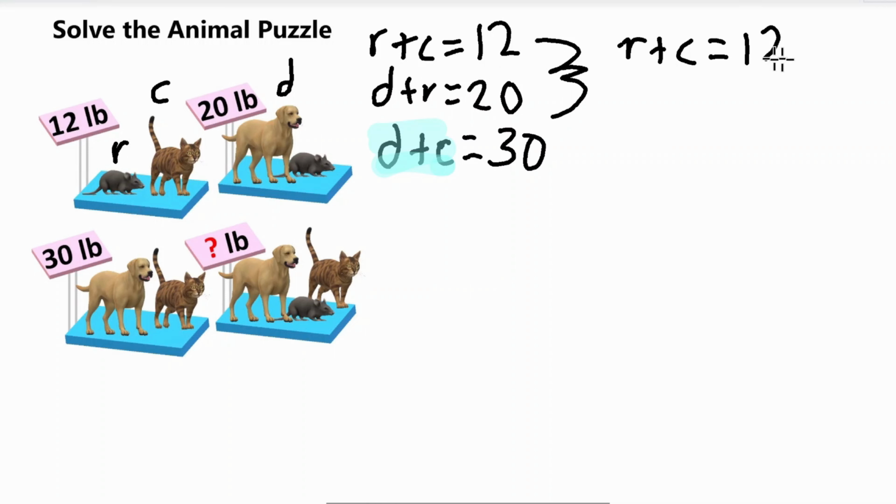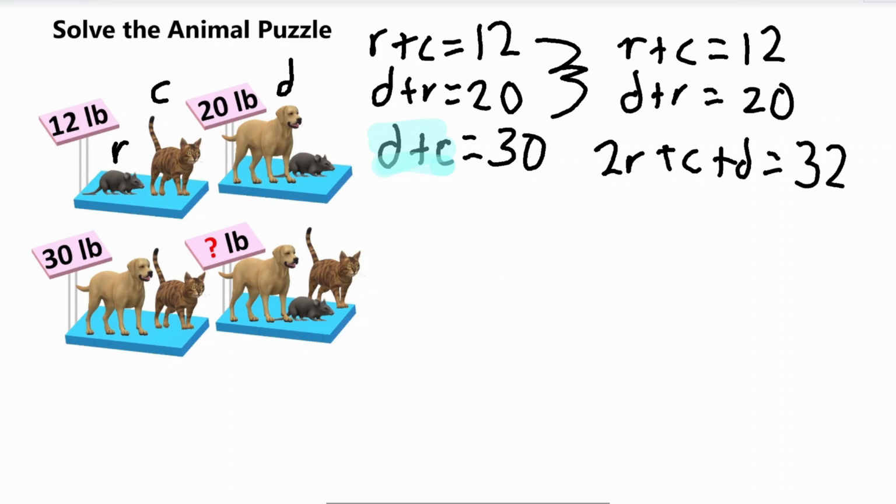R plus C equals 12 and D plus R equals 20. Okay, I'm going to add them together, which means it's going to be R plus C plus D plus R is equal to 12 plus 20. So let me write that. There are two R's, so we can write it as 2R plus C plus D is equal to 32.